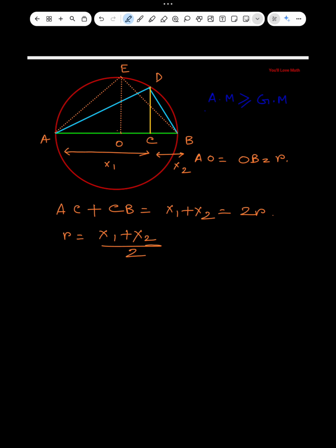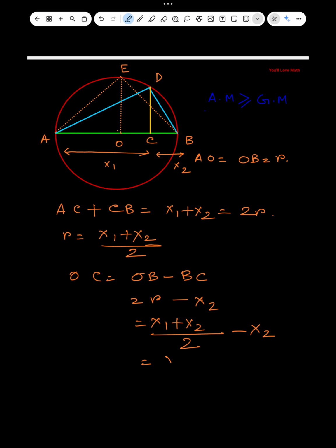And what is OC? OC means OB minus BC. OB means again R, and BC means x2. Again R is (x1 + x2)/2 minus x2.